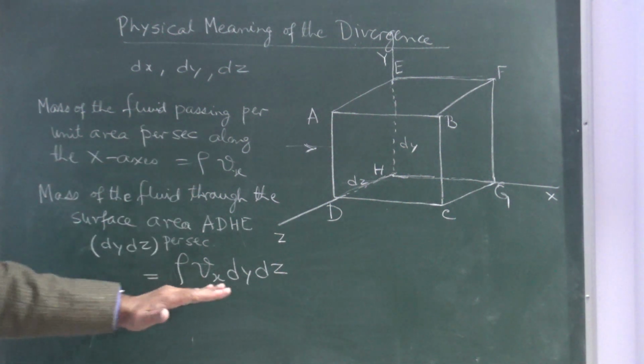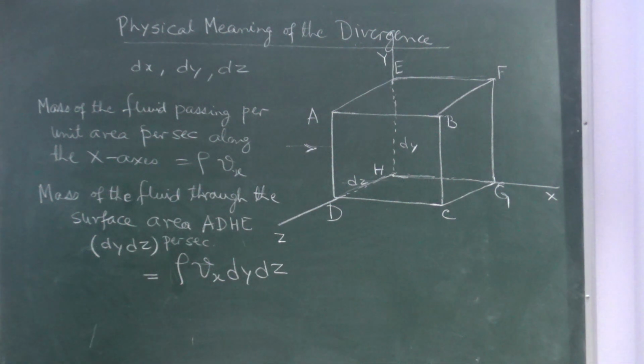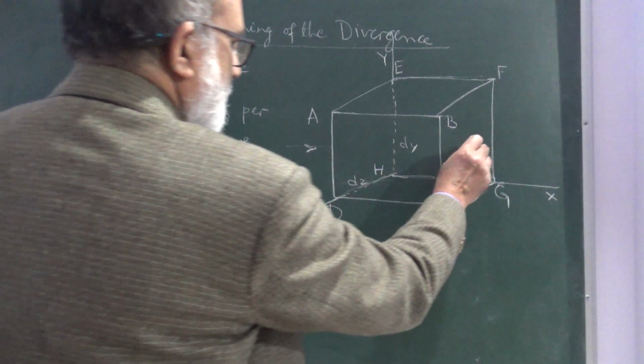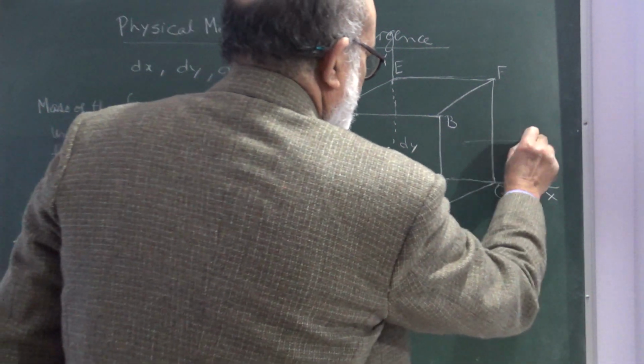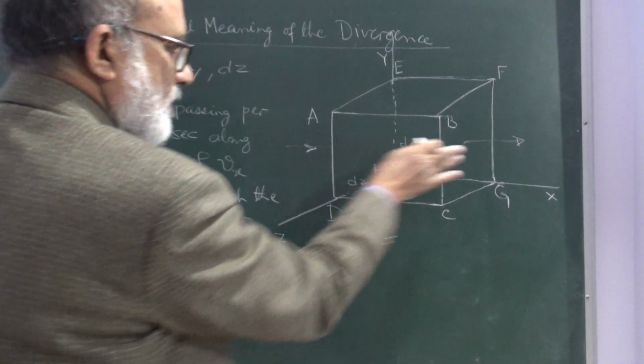So this much mass is passing through this surface area, and if this is entering, then what is emerging out of this surface? If this is passing in, this is coming out.